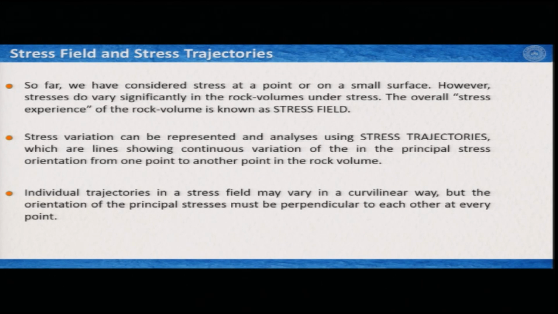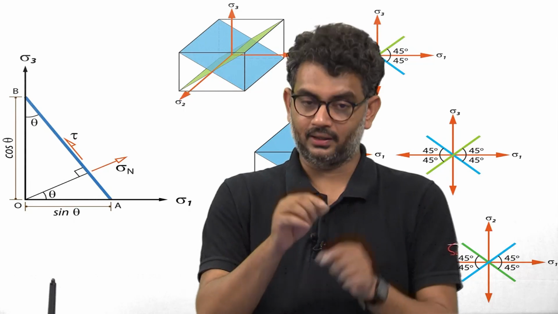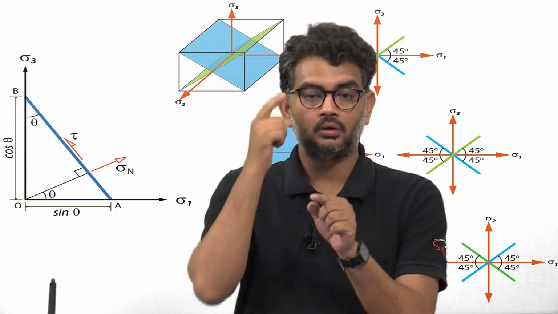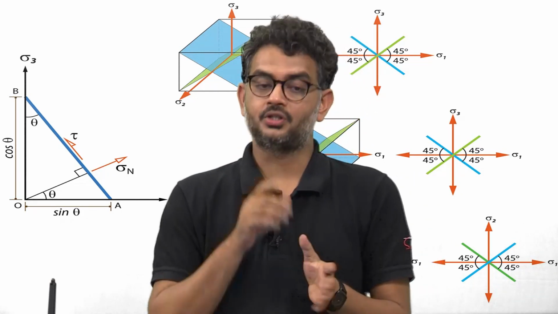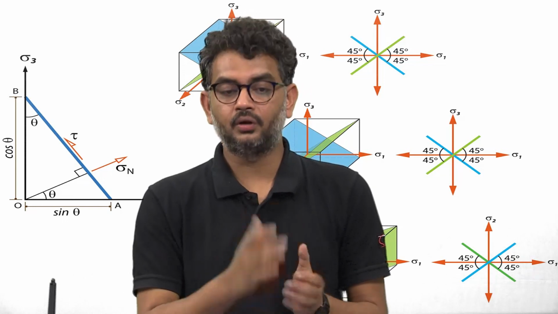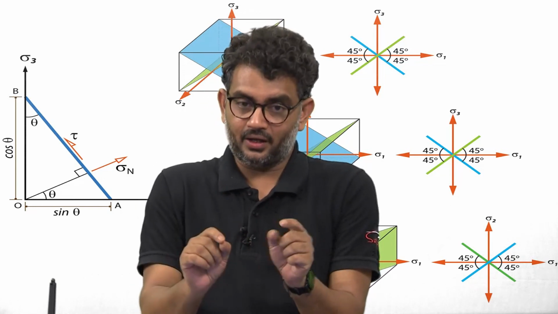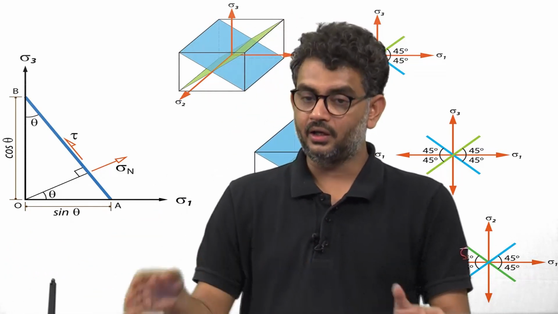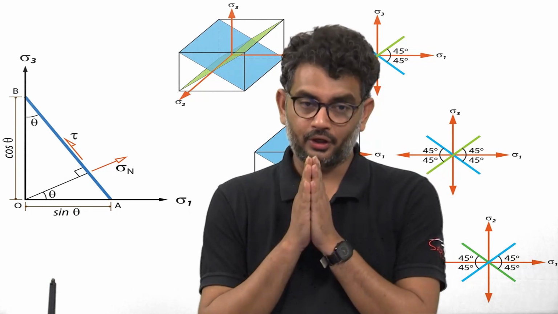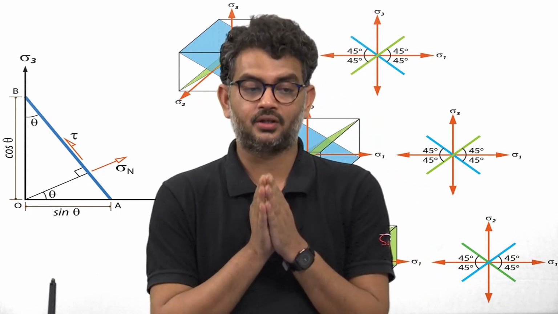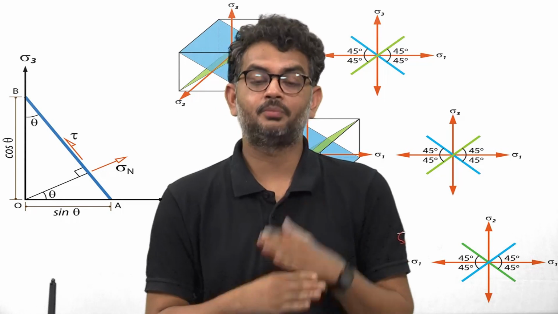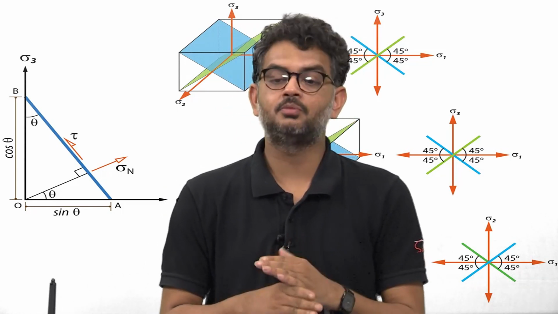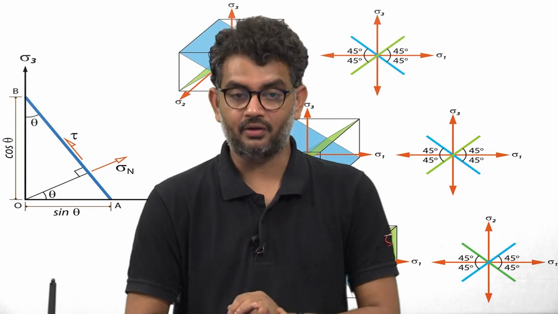Now, we will see the diagram soon, the individual trajectories in a stress field, that means in a single point you can draw the three different axes which are perpendicular to each other, and then you have to connect it to the next point, next point, next point, and so on. So, overall it may vary in a very curvilinear way, but it is important when you measure and draw the stress trajectories, the orientation of the principal stresses always must be perpendicular to each other and at every point.